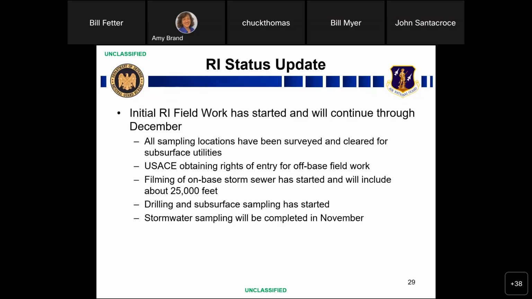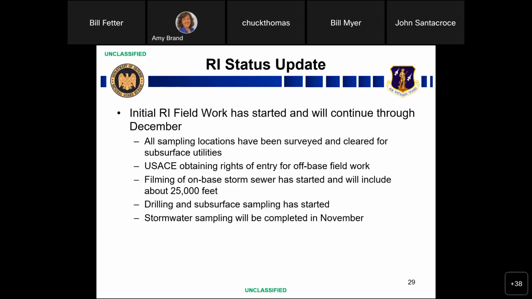The first thing we did was survey all the locations and mark them out on the ground. Then we had a service come in with ground penetrating radar to make sure all of our potential sampling locations were clear of utilities. So that took about 2 weeks. And drilling and soil sampling started on October 6th.